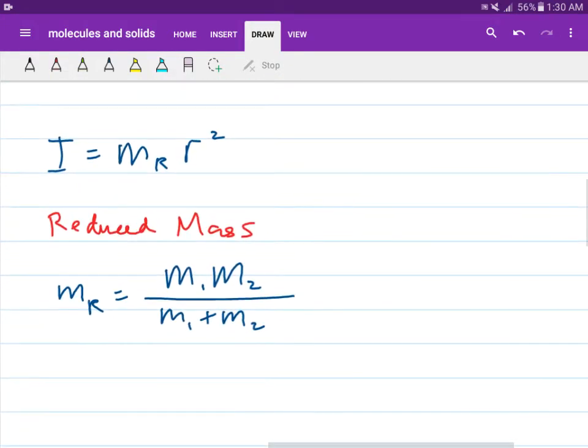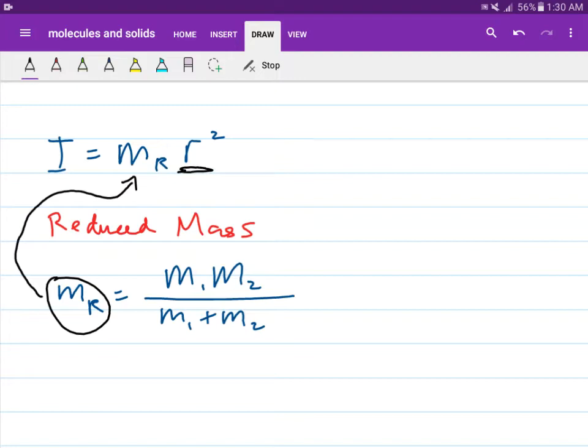So its moment of inertia is given by the reduced mass of the two atoms times their separation squared. Okay, so now we move on to the vibrational energy levels.